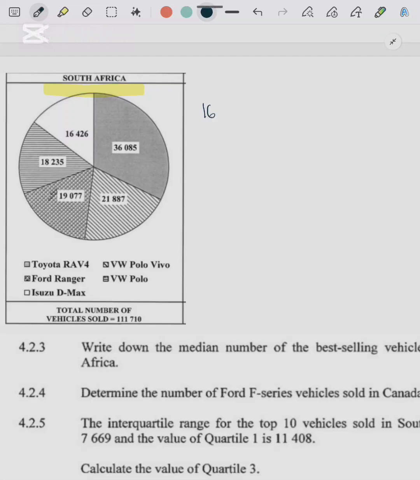The smallest is 16,426, then 18,235, then 19,077, then 21,887, and 36,085. Remember, there is normally a mark for writing it in the right order, so make sure you show the step. Then the median is our middle number, and our middle number is quite obviously that one over there, 19,077.